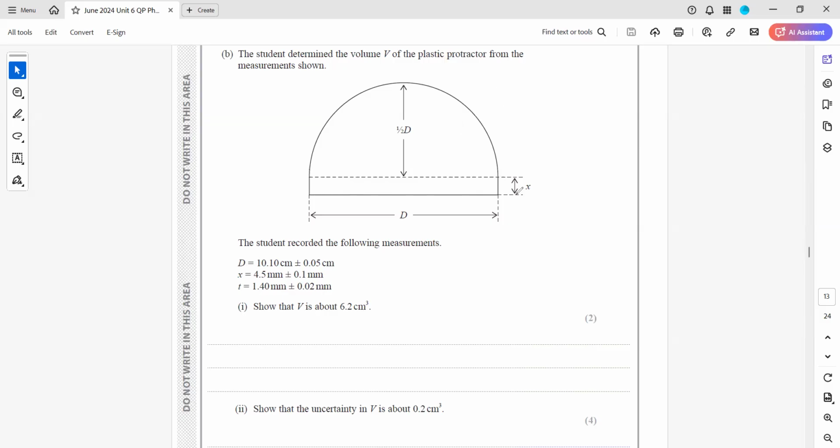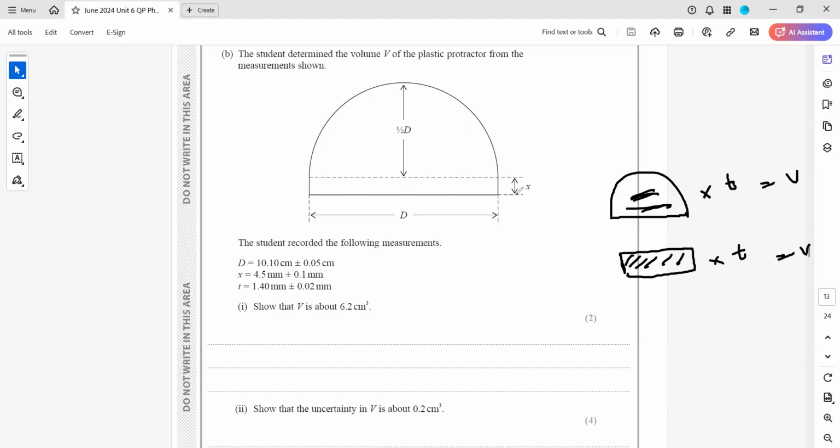What else can I do? Look, I will find the area of the semicircle because it's a 2D figure. I will find the area of the rectangle, which is also a 2D figure. And if I multiply the area of the semicircle by thickness, and the area of the rectangle by thickness, I'll get the volume of the semicircle and the volume of the rectangle as well.